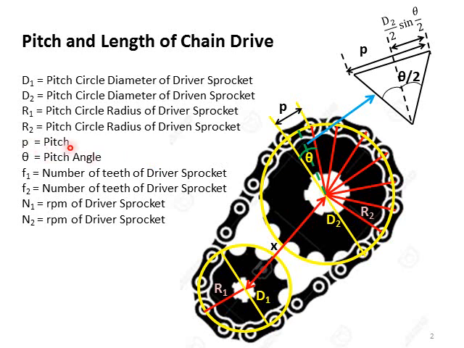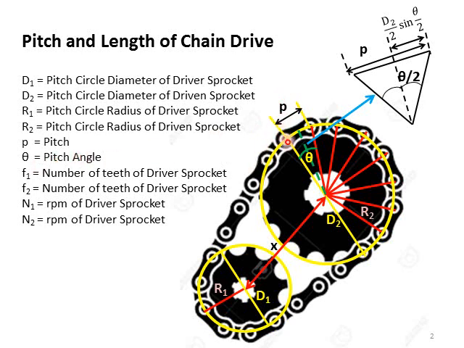P represents pitch, which is the distance from hinge to hinge. So in a single element of the chain, there are two hinges, and the center distance to center distance of these hinge holes is represented by pitch P. Theta is the pitch angle.